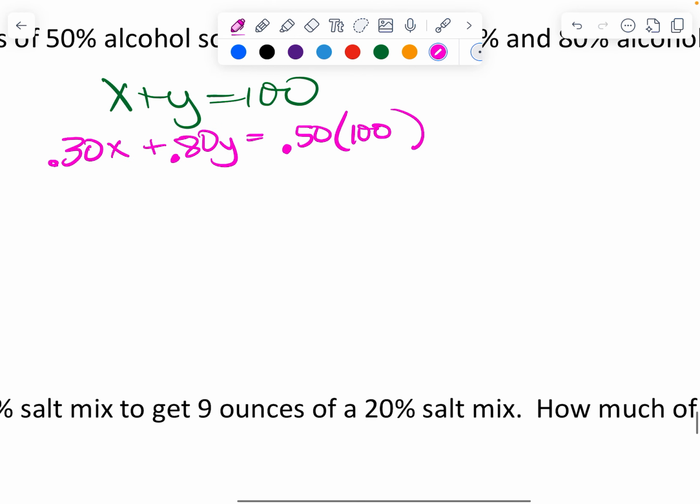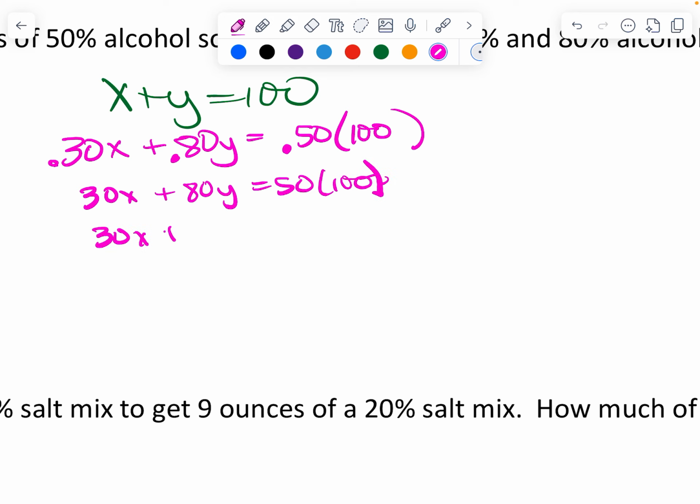Okay, so I don't want those decimals, so I'm going to do 30x plus 80y equals 50 times 100. Oops. So that's 30x plus 80y equals 5,000. Oh no, I'm going to just multiply the first equation by negative 30.